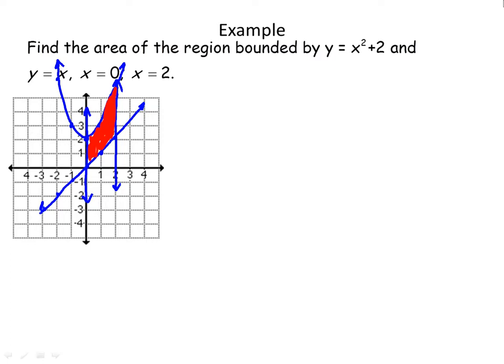Okay, so you tell me, are we looking at an R sub X region, or are we looking at an R sub Y region? What do you think? Let's go back and look at it.